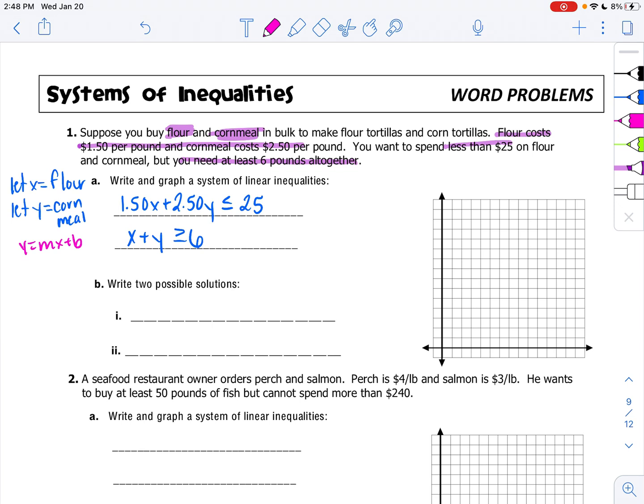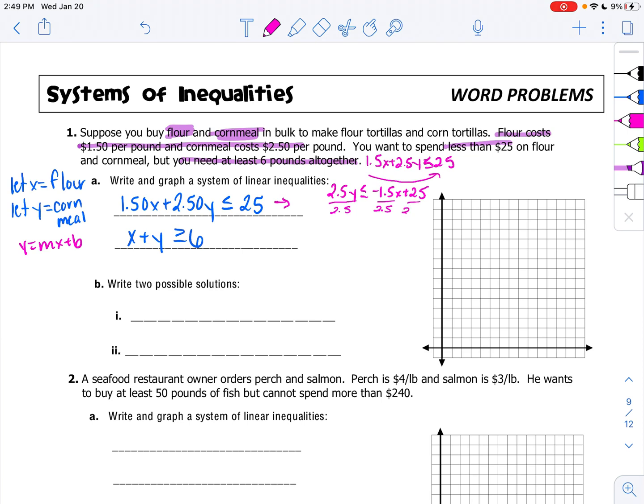When we rewrite the first one, we're going to bring the x term over. That gives us 2.5y is less than or equal to negative 1.5x plus 25, because when it comes over, it becomes negative. Then we divide everything by 2.5.